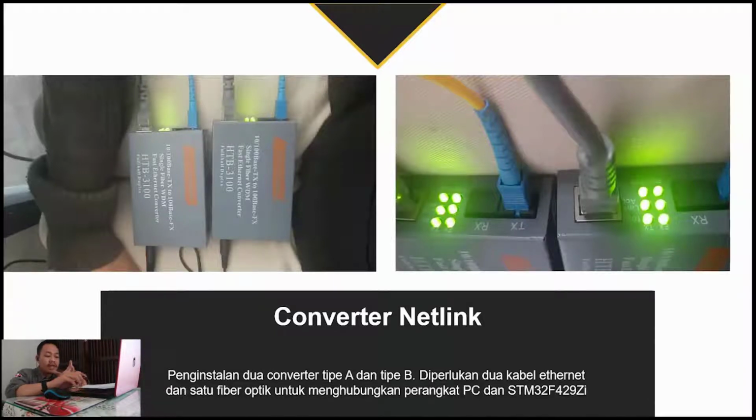When the two converters are connected to a voltage source, as an indicator, you see the green light. You can see in my video. When connected, the green indicator light for type A and type B is on.